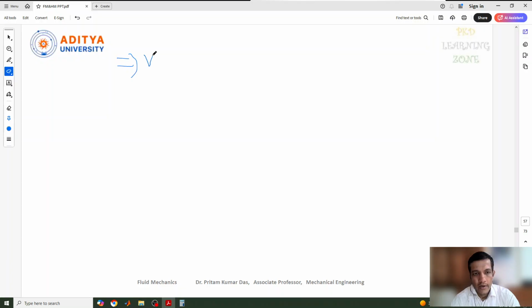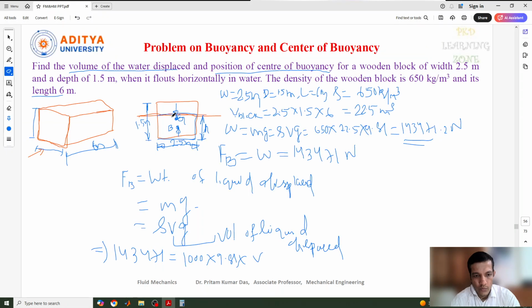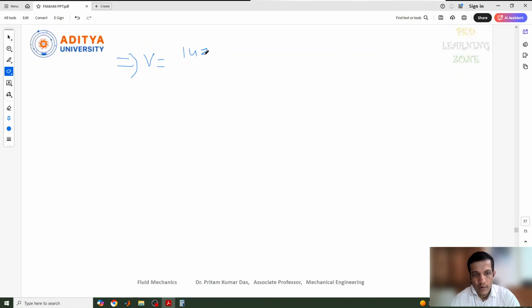Now here you can write the volume equal to 143,471 divided by 1000 into 9.81, that is nothing but 9810.